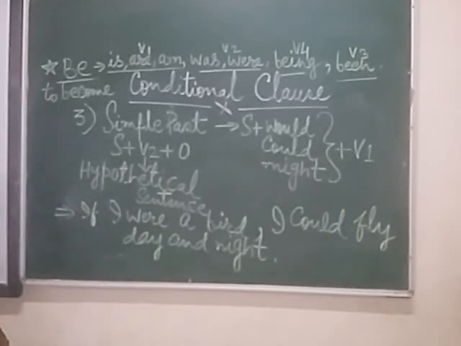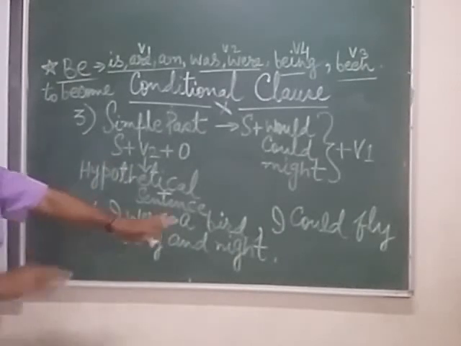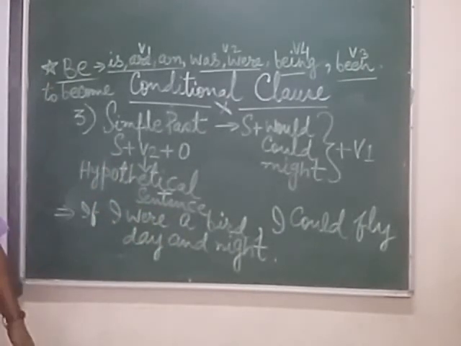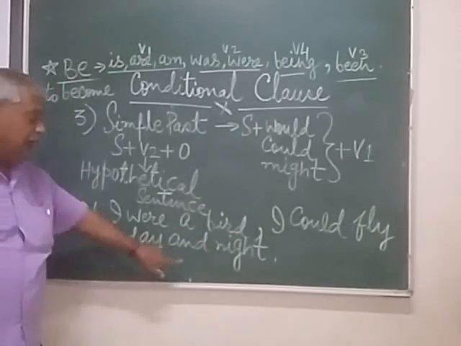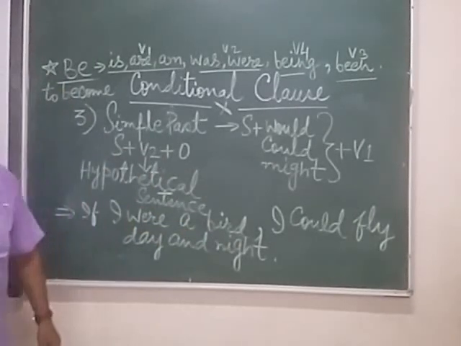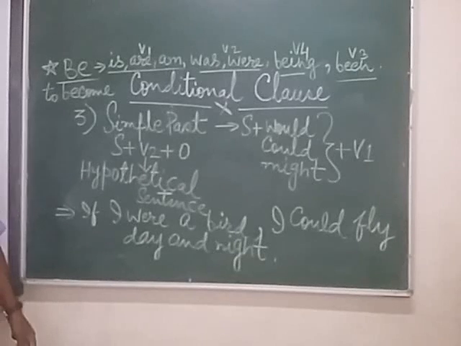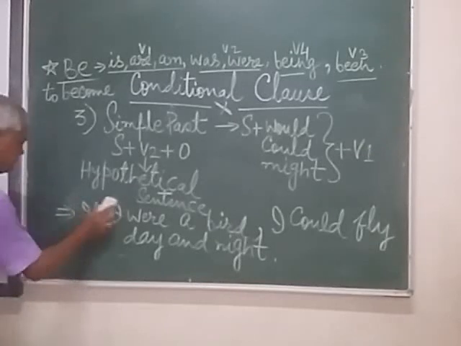So for example, यदि मैं आगरा जाता तो ताजमहल देखता. This sentence can also be written in terms of the simple past. Now this sentence can also be written in reciprocal manner. You may start from here: I could fly day and night if I were a bird. Now another sentence with another action word, which you can also see.